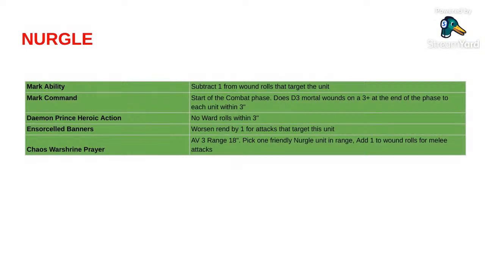The Khorne one does mortal wounds on a 2+, so that is a little bit better, but this can do it to multiple units. And that's also within 3 inches, not just within 1 inch.